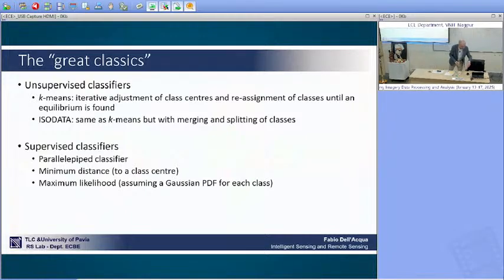Then, as the availability of computation power increased, the research and the operativity started moving towards more refined approaches, which included machine learning and deep learning.